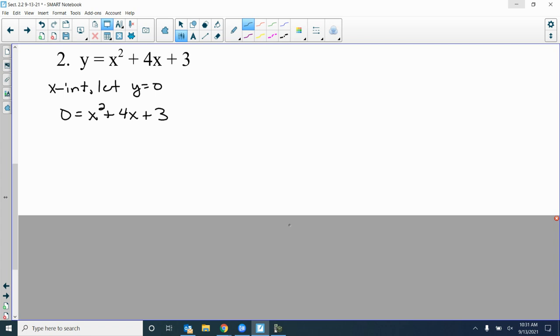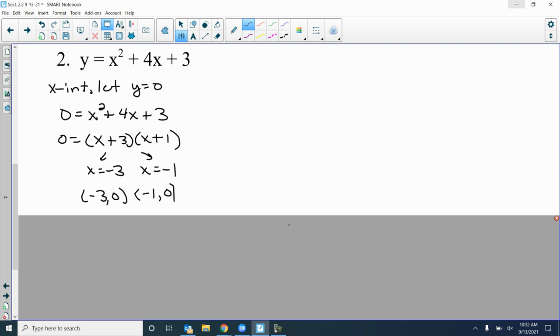Okay, so we get it quadratically factored. It factors into x plus 3 times x plus 1, because 3 times 1 is 3, and 3 plus 1 is 4 in the middle. And so I get x equals -3, x equals -1. So I'm going to get 2 points, -3, 0 and -1, 0.